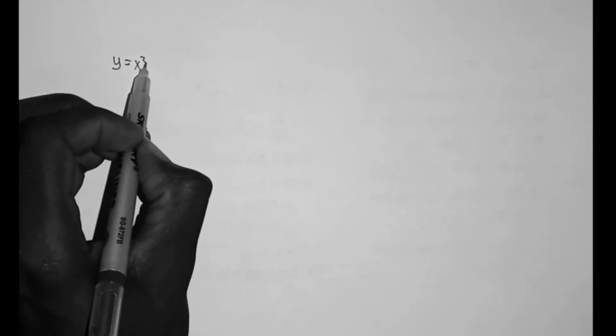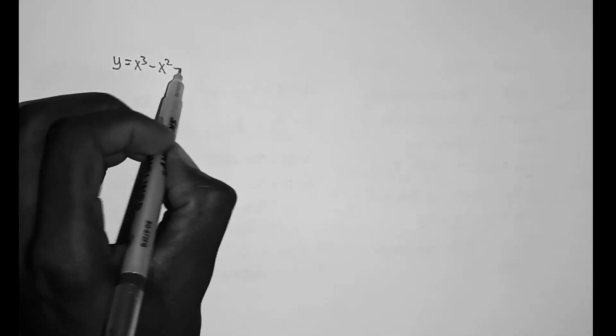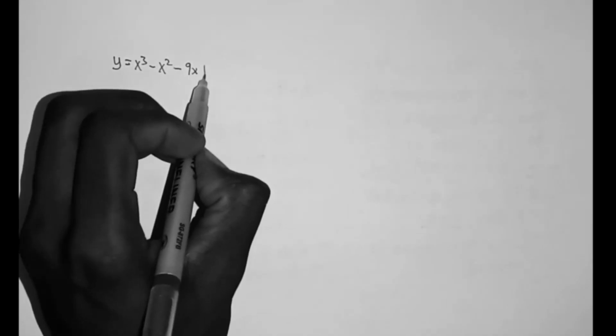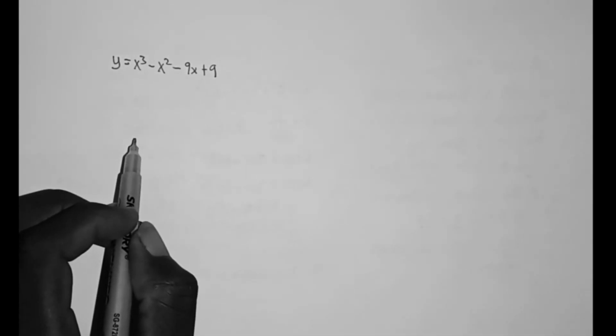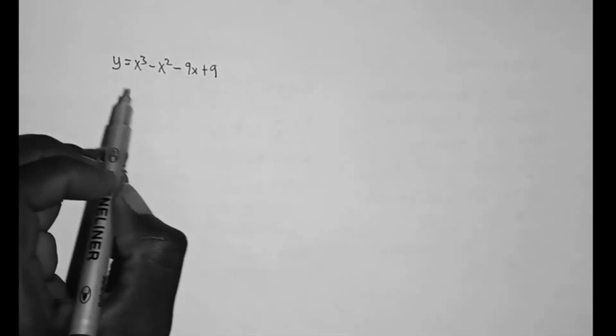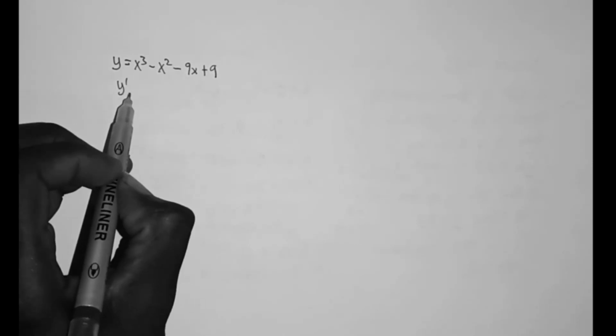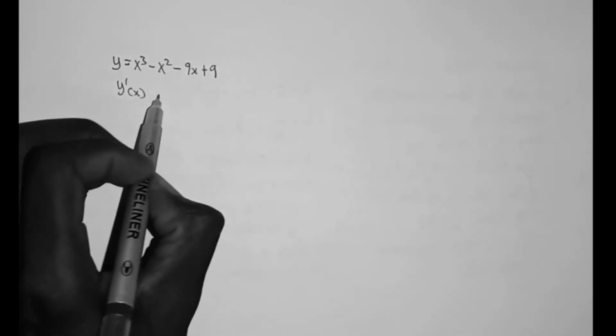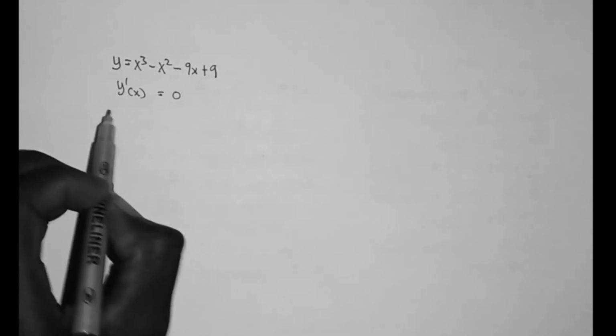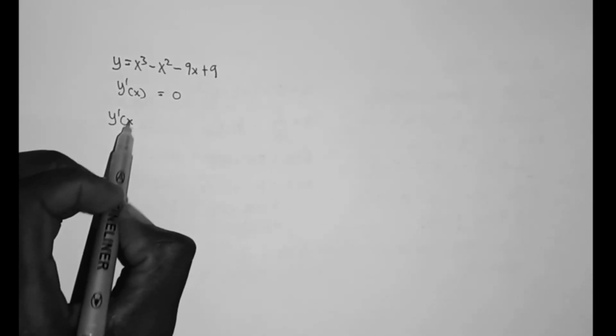It is to find the turning points of the curve and distinguish between them. We know that the curve is given as y equals x cubed minus x squared minus 9x plus 9. So in order to find the turning points, we need to find y prime of x and equate it to 0. So what is y prime of x?